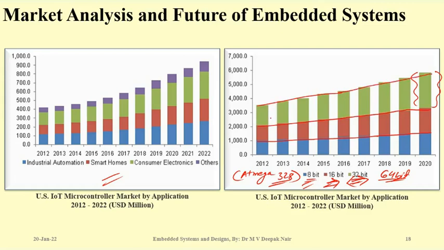See the difference between this region and this region: a very big rise in demand for 32-bit based microcontroller or microprocessor systems. So we are going to study 32-bit microcontrollers in our course. These are the reasons why I am opting for such a board with such specifications.